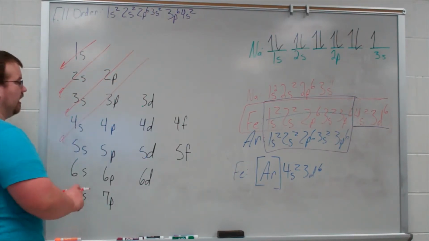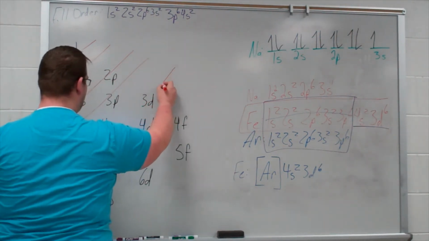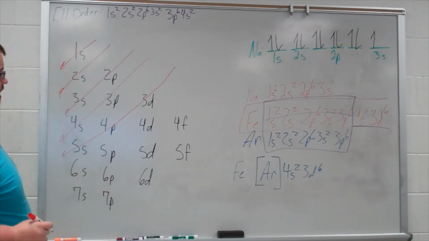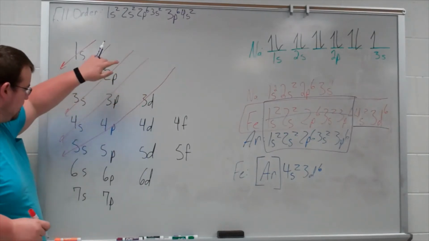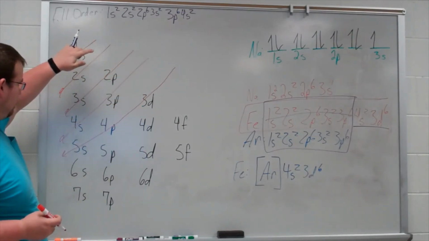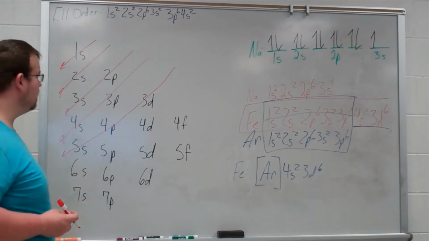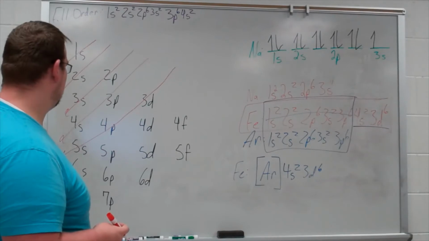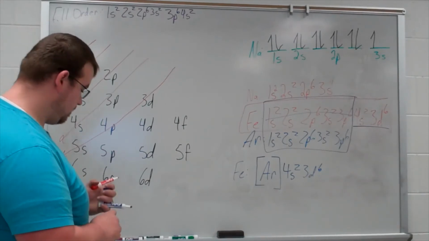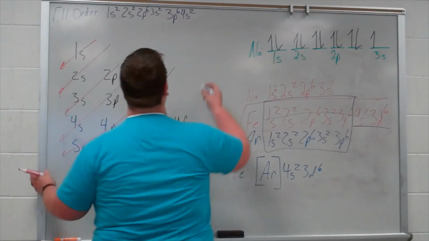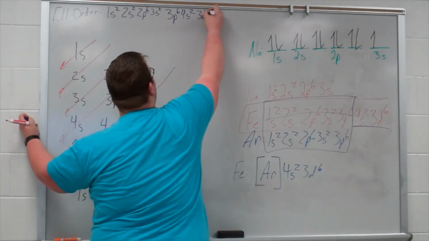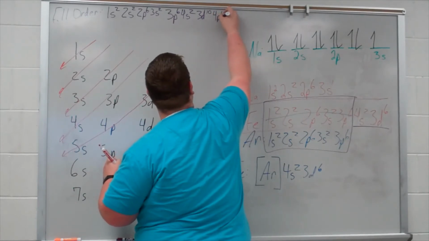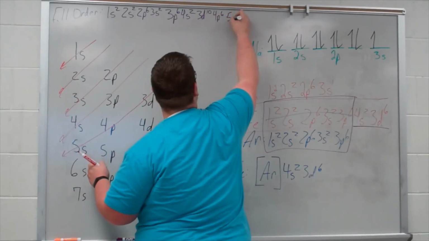Now, again, going right here. So 3D, 4P, 5S. I'm literally just taking that last high number. So in this case, 3D10, 4P6, 5S2.